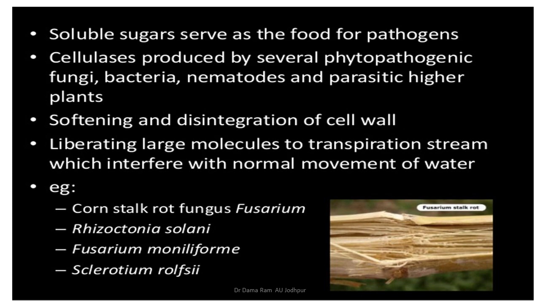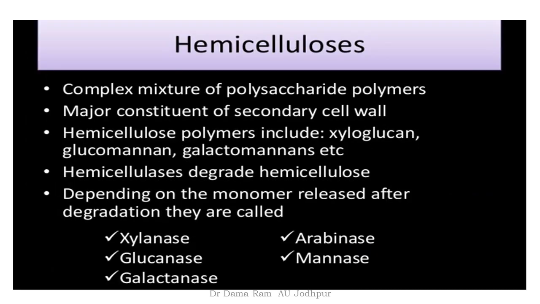They inhibit the translocation of water. For example, corn stalk rot, Fusarium, Rhizoctonia solani, Fusarium moniliforme, Sclerotium rolfsii. These are the fungi that produce cellulase to degrade cellulose.